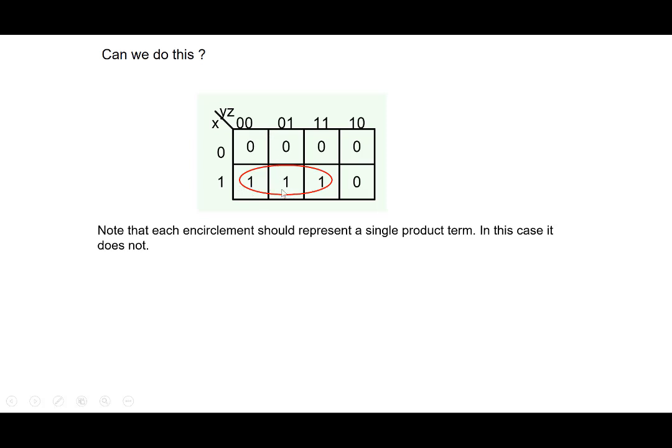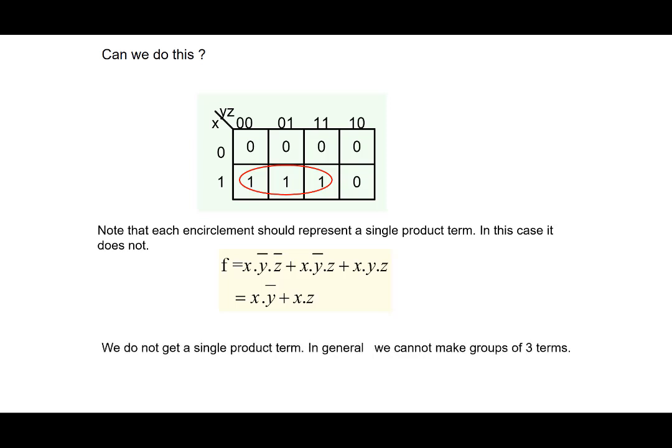But three terms like this, you cannot combine into a single term, which is a product of the variables that are there here. You can try it out and see that if you try to combine them, you're not able to get a single term. So that combination is not possible. We cannot make groups of 3 terms.